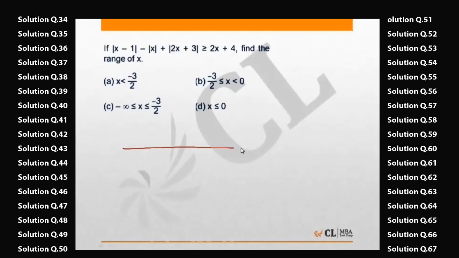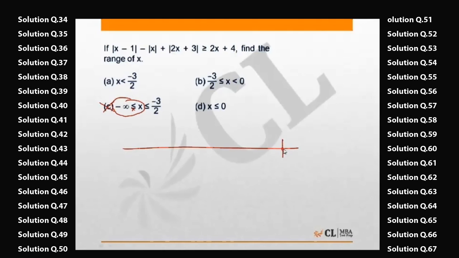This question of modulus can be easily sorted out using number line. Among the choices, choice C is anyway out because x greater than or equal to minus infinity is a wrong option, because whenever we use plus infinity or minus infinity, we do not bring the equality into picture. So choice C is out.